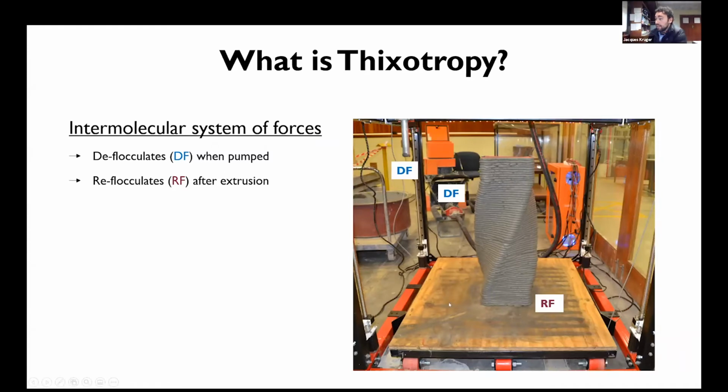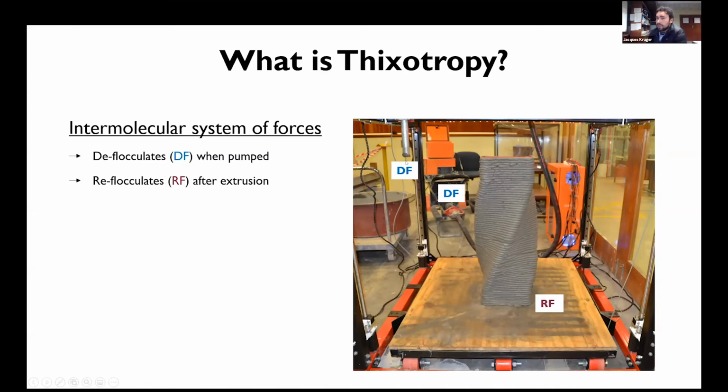This is our example, a printer that we designed and manufactured at Stellenbosch University. If you place the concrete into the hopper and you start pumping it, then you get deflocculation. All the way through to the nozzle, it deflocculates. When it exits the nozzle, it's mostly deflocculated.